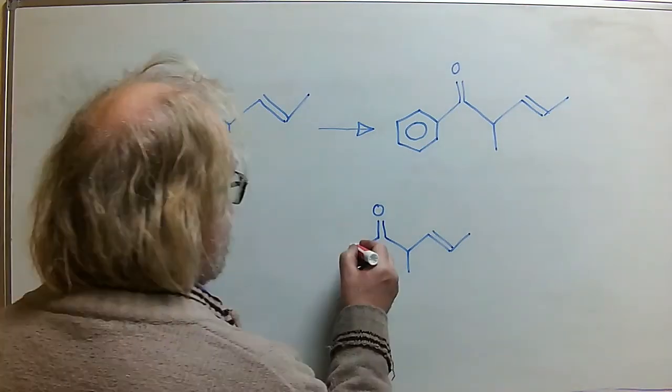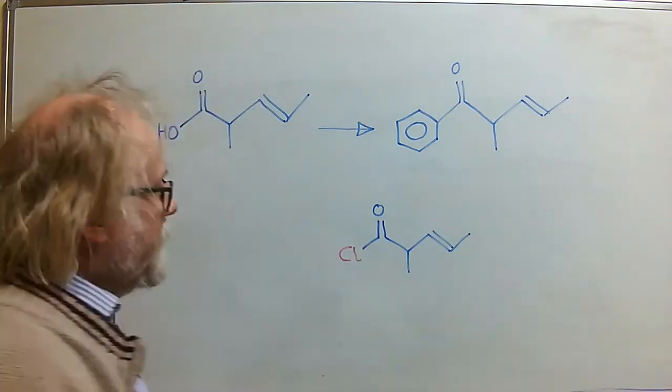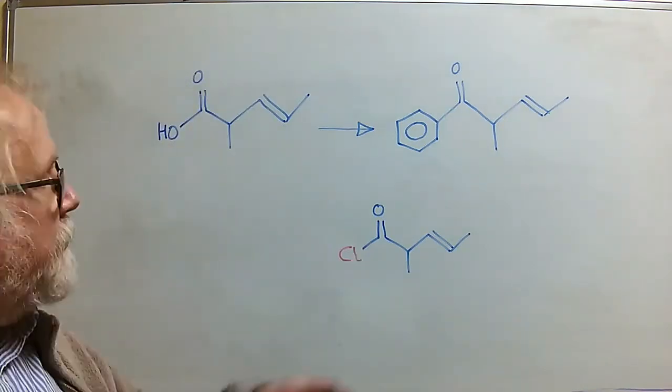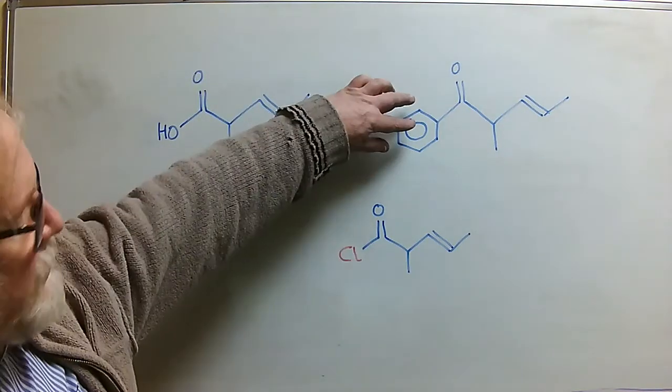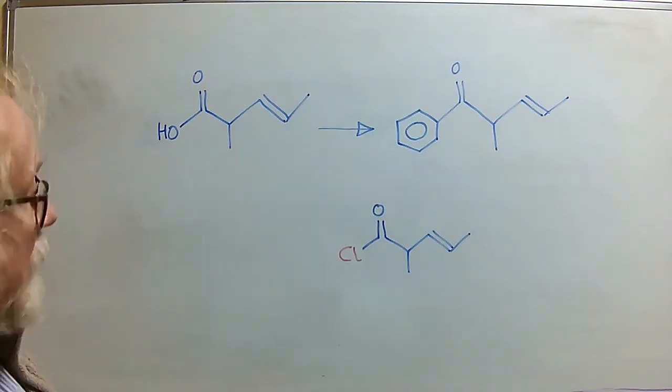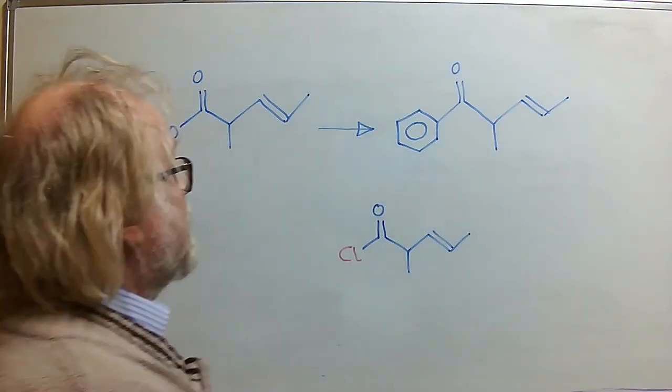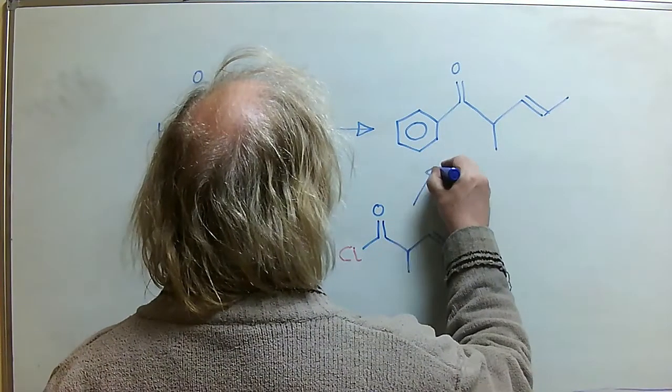Okay, because that's how Friedel-Crafts works, that wherever there is a chlorine in an organic compound, it lets you substitute in an aromatic ring in its place. So that's the second step.